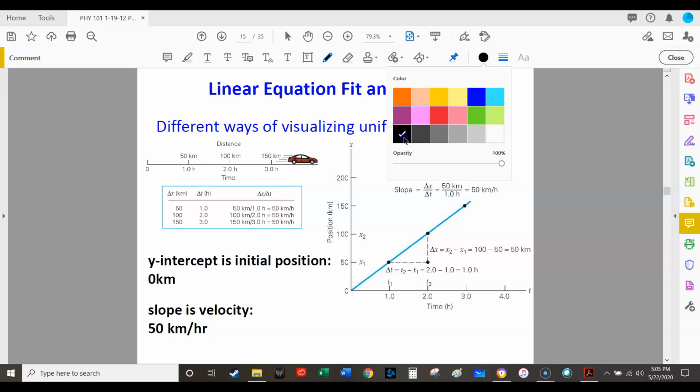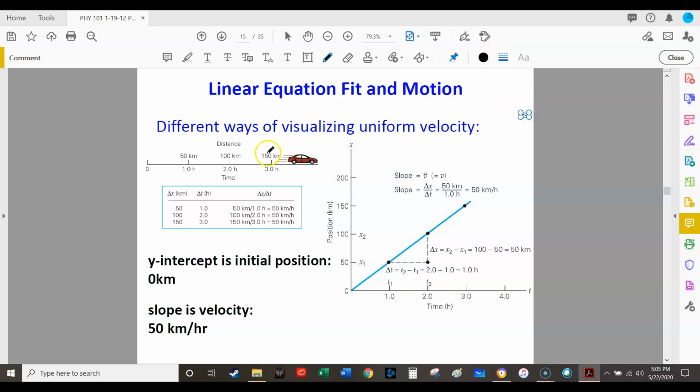And I didn't put that final data point on this, so I'm going to put here, this is going to be 4 hours. And this will be at a position of 200 kilometers. And these should have little positives, because that's in the positive x direction, which is to the right. Okay?